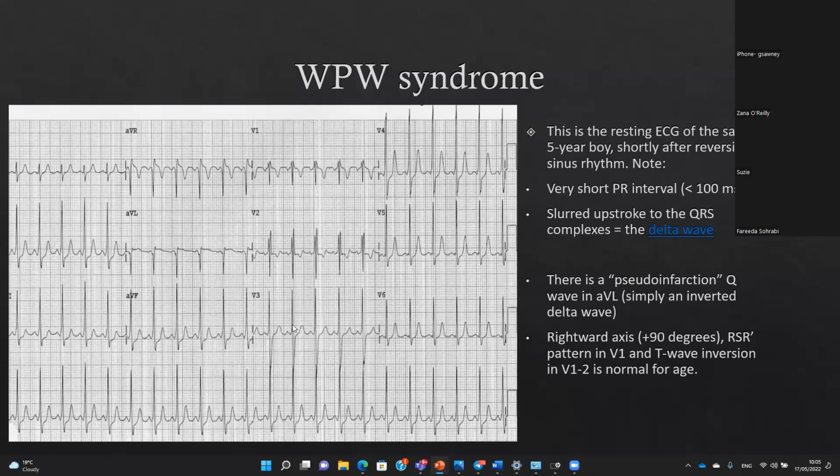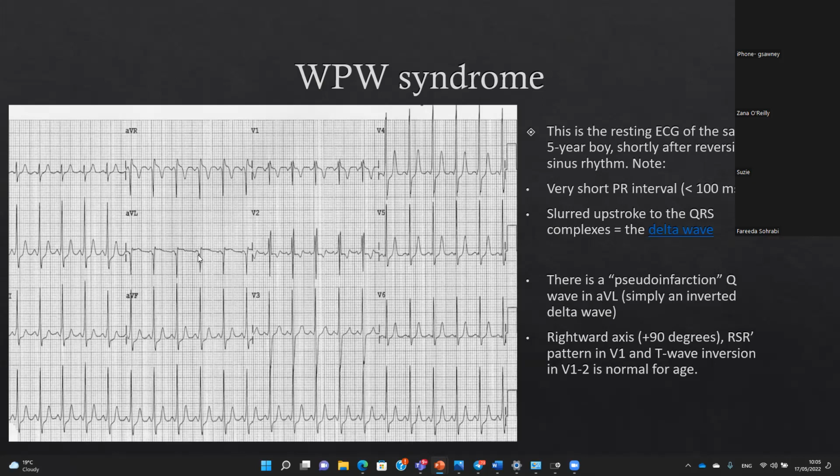You can find it here, and it will give rise to the delta wave. And there is also a Q pseudo-infarction or Q wave in aVL.